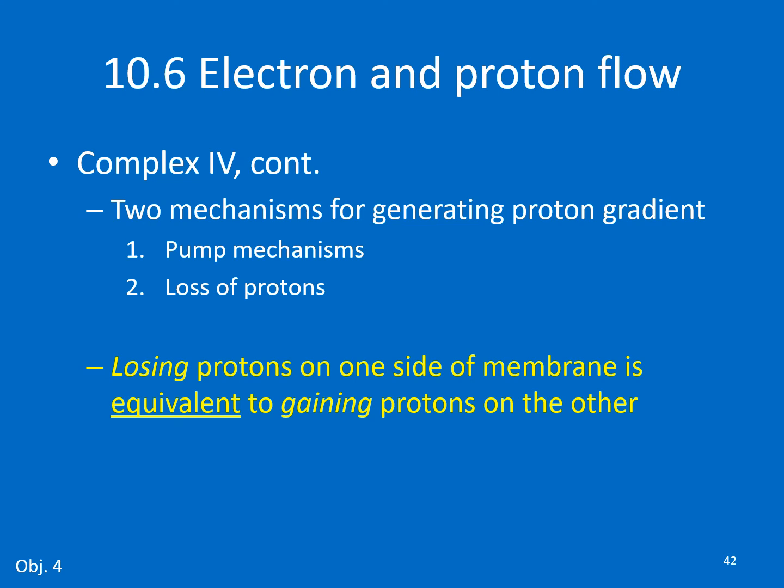But there's also one more way that you can generate that proton gradient. If you lose protons on one side of the membrane, that's equivalent to gaining protons on the other. So for example, if you do a redox reaction with cytochrome C, which is outside of the membrane, and the protons in that came from inside of the membrane, that's also equivalent to a pump.